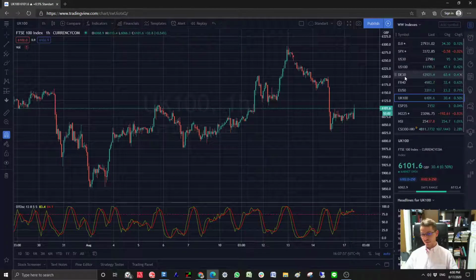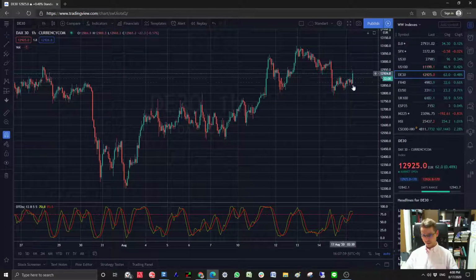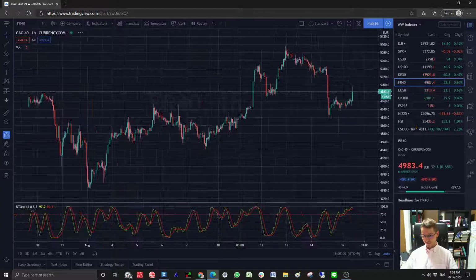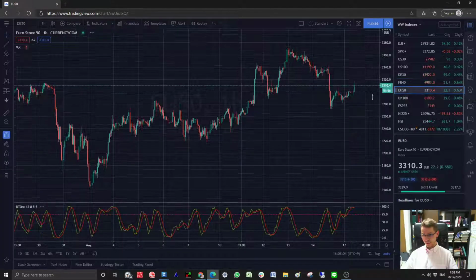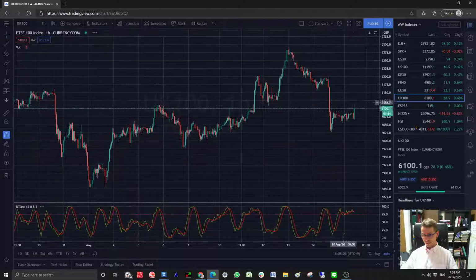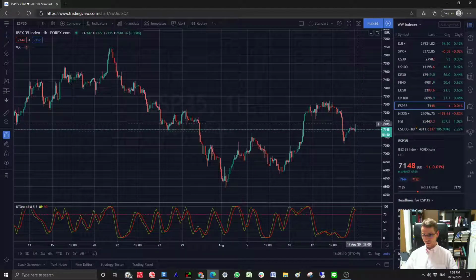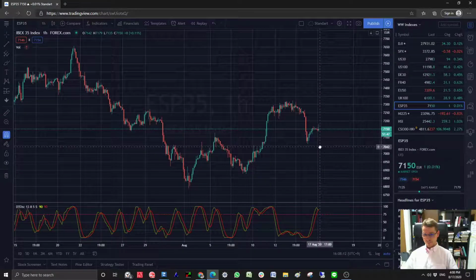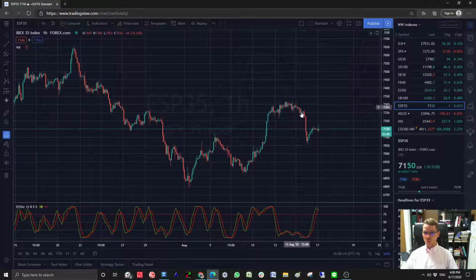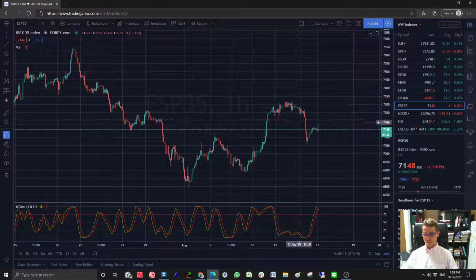As we can see from the German, French, EU, UK, and also the Spanish index, they all try to retrace last week's ending days, Thursday and Friday, the down movement.